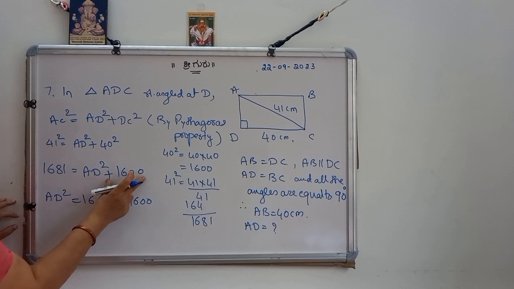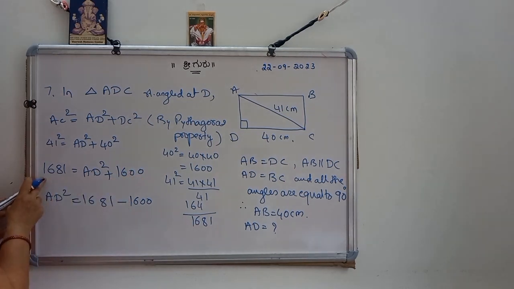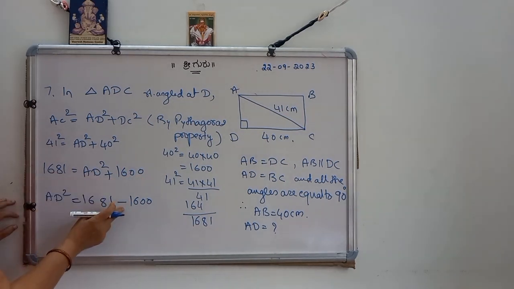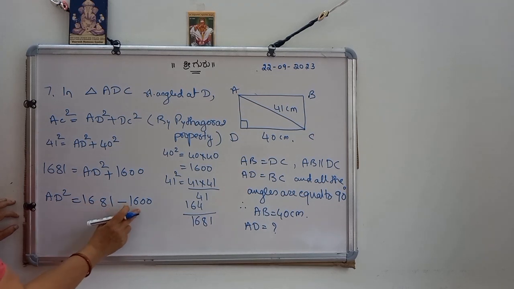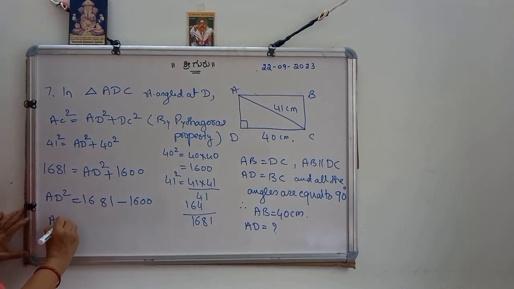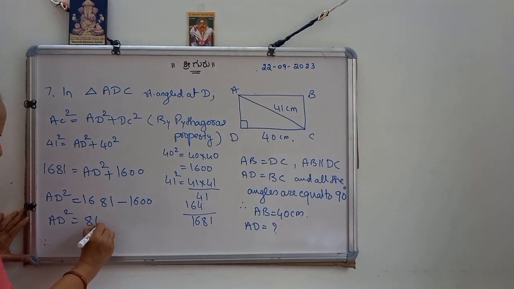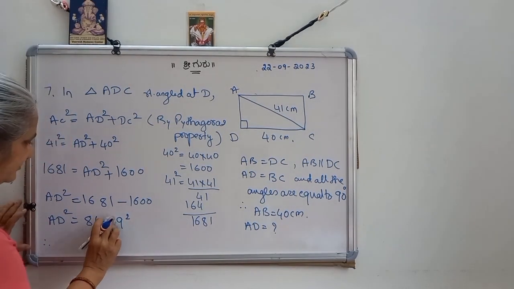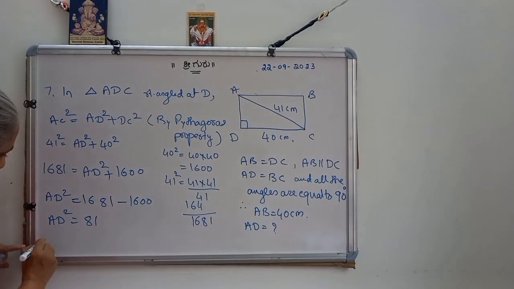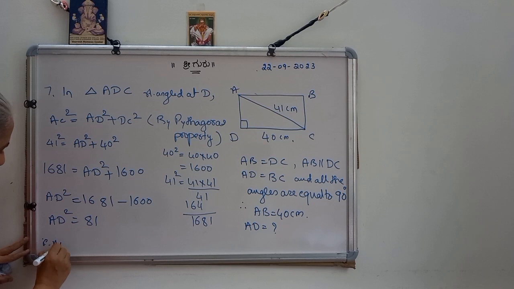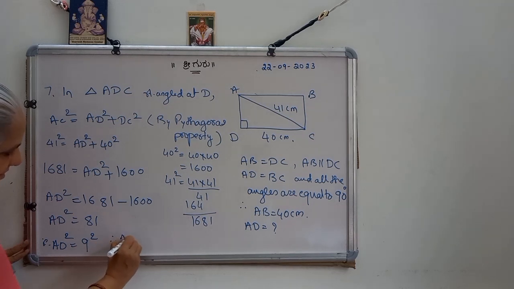If you transpose 1600 to the other side, the sign will change to minus. 1681 minus 1600, AD square is equal to 81. That is, AD square is equal to 9 square because 9 into 9 is 81. Therefore, AD is equal to 9 meters.